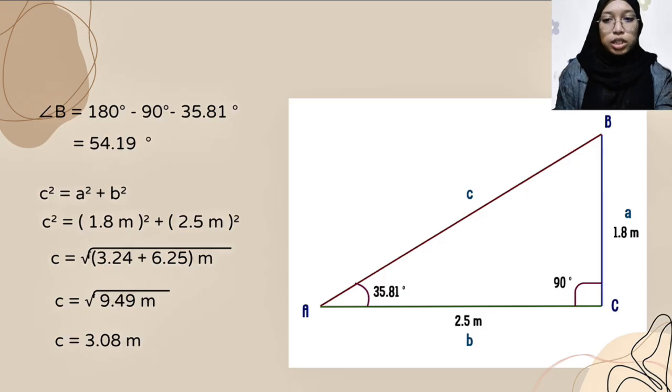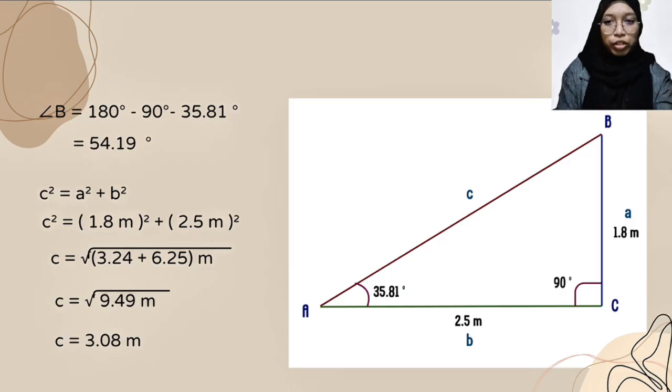Now, let's find the throw distance using the Pythagoras theorem. I believe we already know the vertical side is 1.8 meters and the horizontal side is 2.5 meters. So by using the Pythagoras theorem, c squared equals a squared plus b squared.